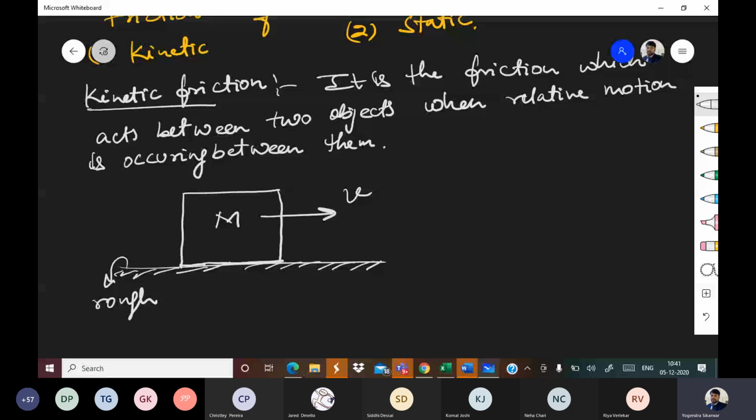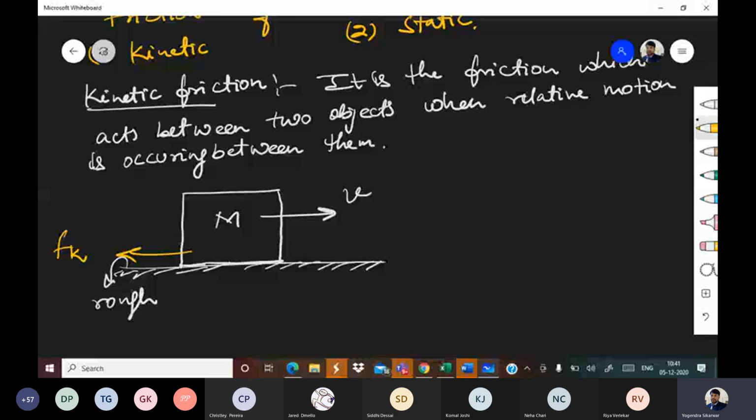When the block is already moving, kinetic friction will act opposite to the direction of motion of the object. Now, how much will be the value of Fk?